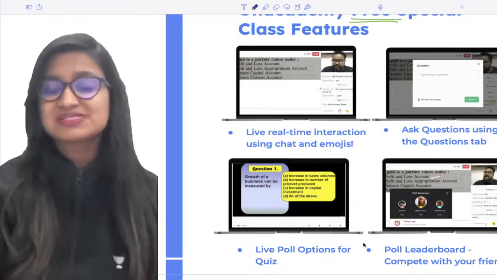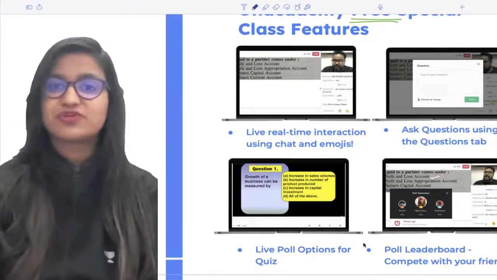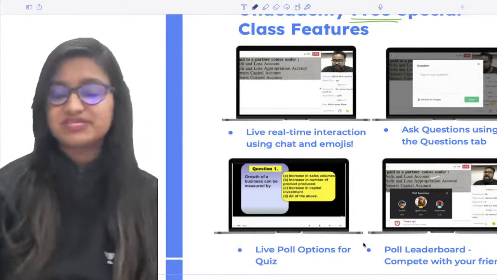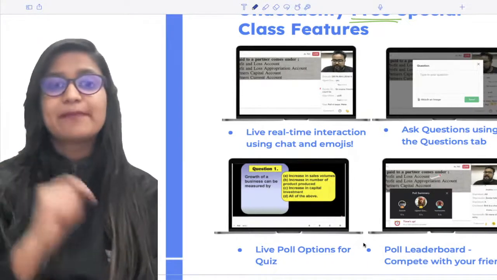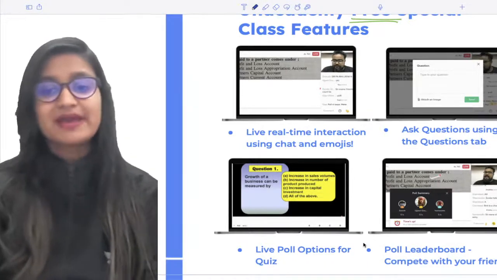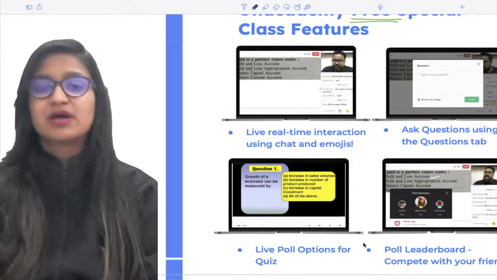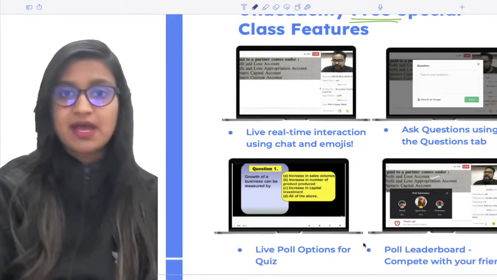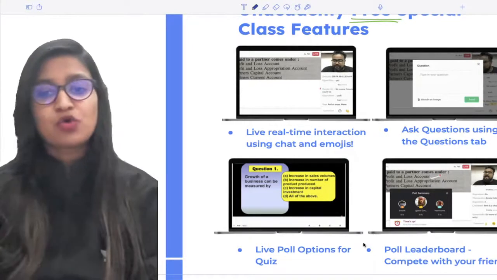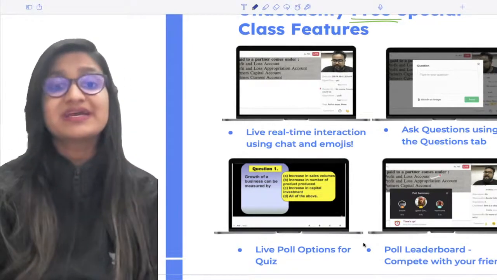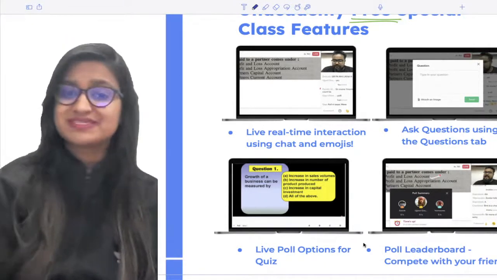It may be true or false as well, and the options will pop up on your screen, whether the right answer is A, B, C or D. You simply tap or click on the right answer, and I will get to know what percentage of students voted for option A, and what percentage opted for option B. I can see the whole leaderboard, and even show it to you, who is at the first position, who is at the second position.